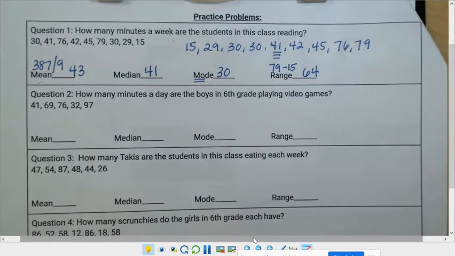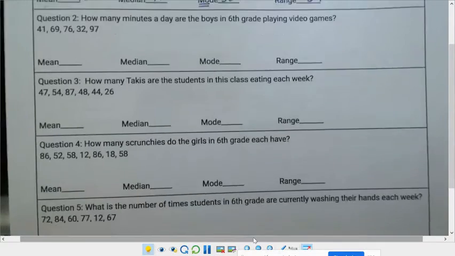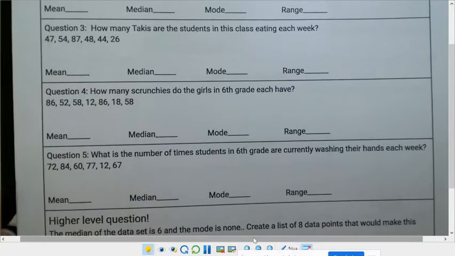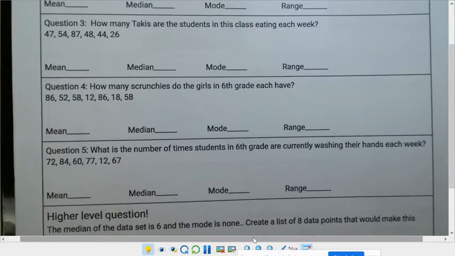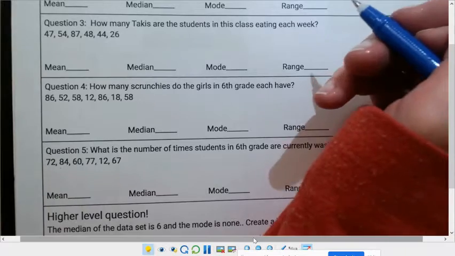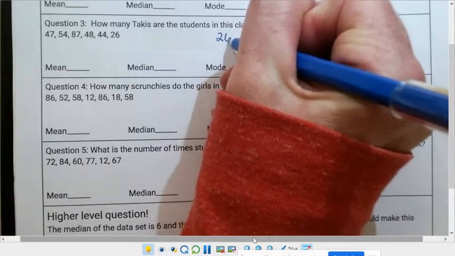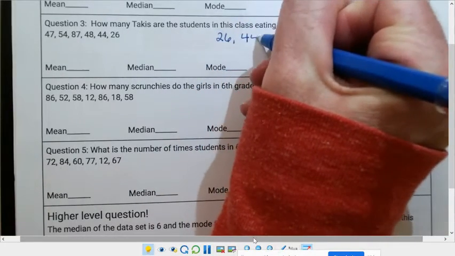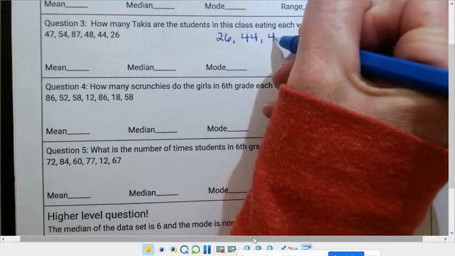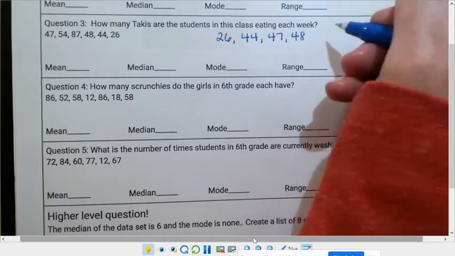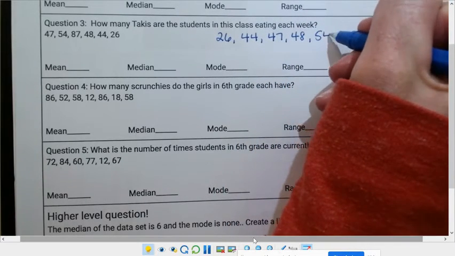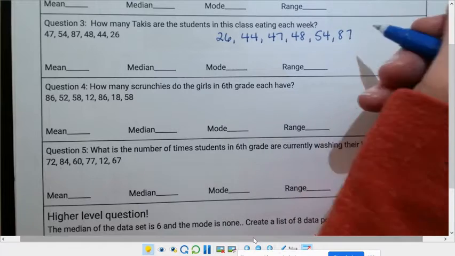So now let's look at some data that's an even amount of numbers. So I'm going to skip down here. This one has an even amount of numbers. So again, the first step I'm always going to take is to order my data. So 26, 44, 47, 48, 54, and 87.